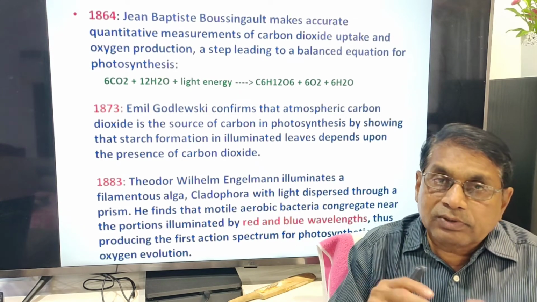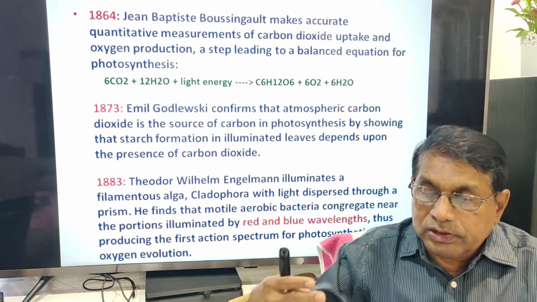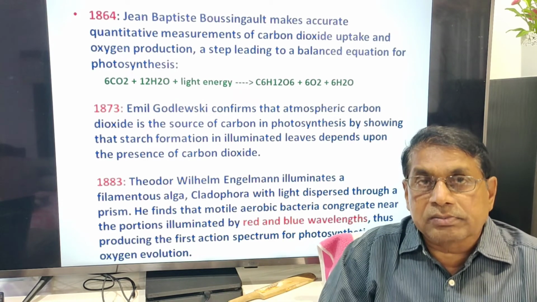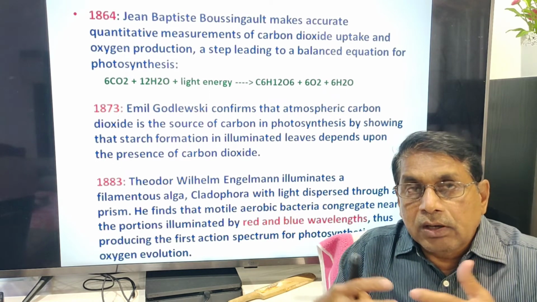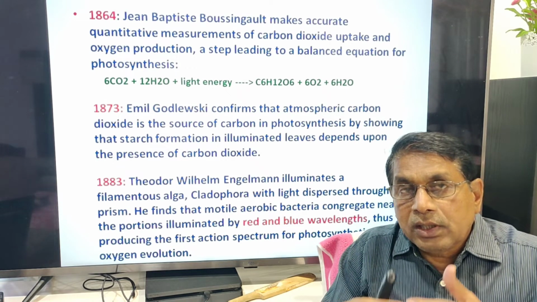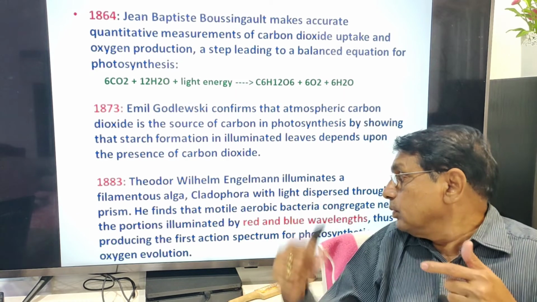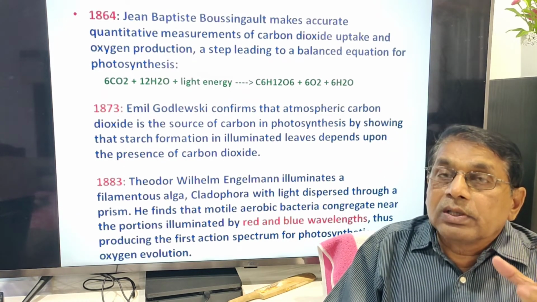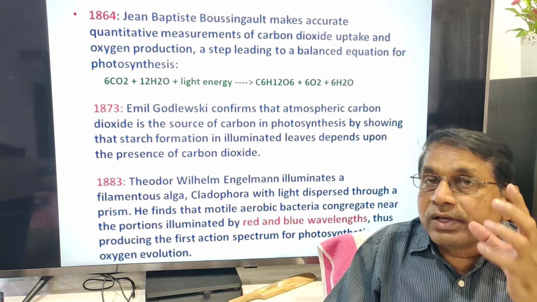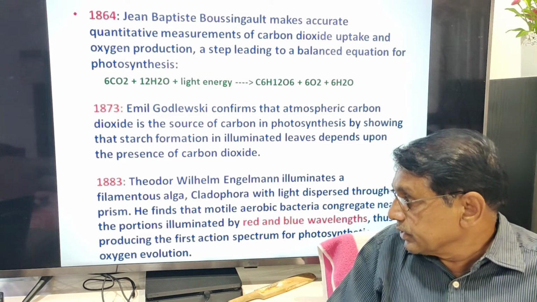We know white light has 7 colors. Suppose the 7 lights are split and exposed to the organism. It has been observed that the organisms accumulated around the red light and blue light. That means, in other words, it gives an idea that red and blue light is very essential.